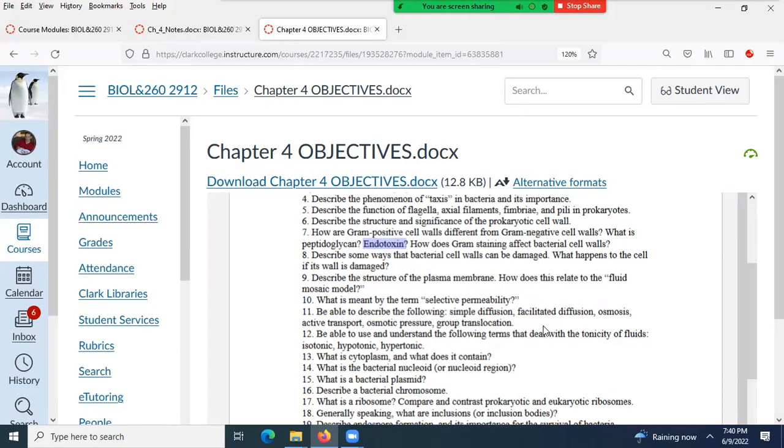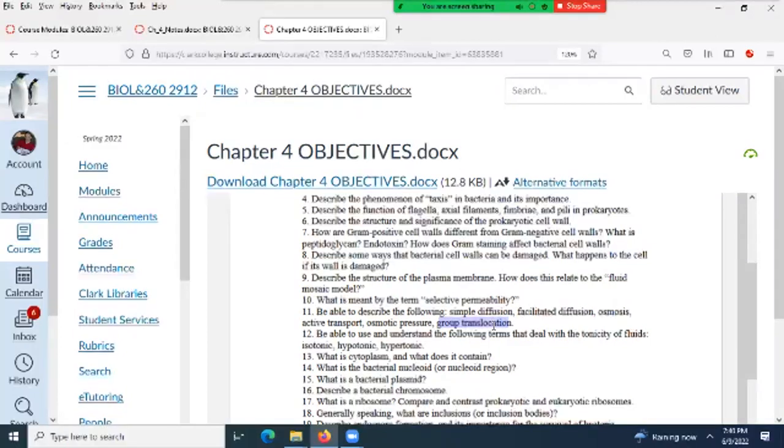Be able to describe the following: what simple diffusion, facilitated diffusion, osmosis, what is active transport, what is osmotic pressure, and what is group translocation. I'm not going to discuss all of these now because it'll take too much time, but let me mention that group translocation is similar to active transport, except group translocation only occurs in prokaryotes, not in eukaryotic cells.